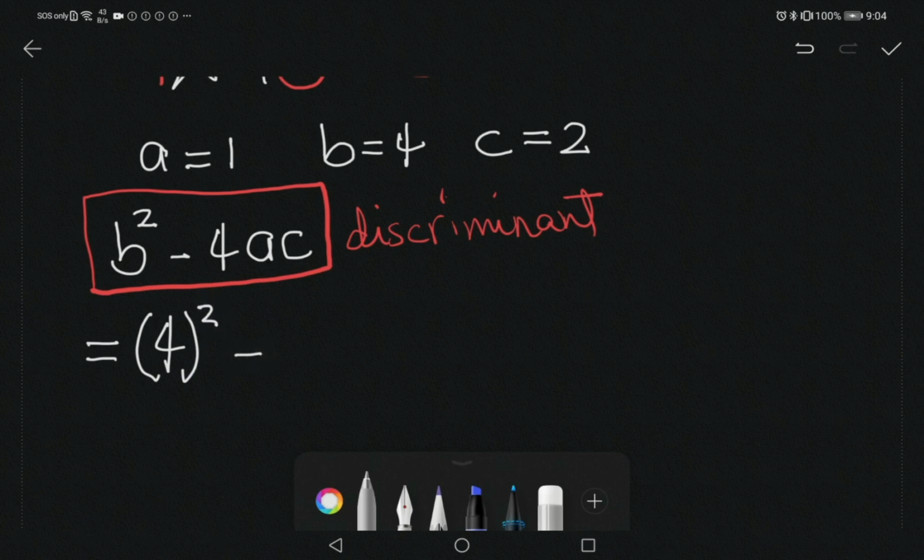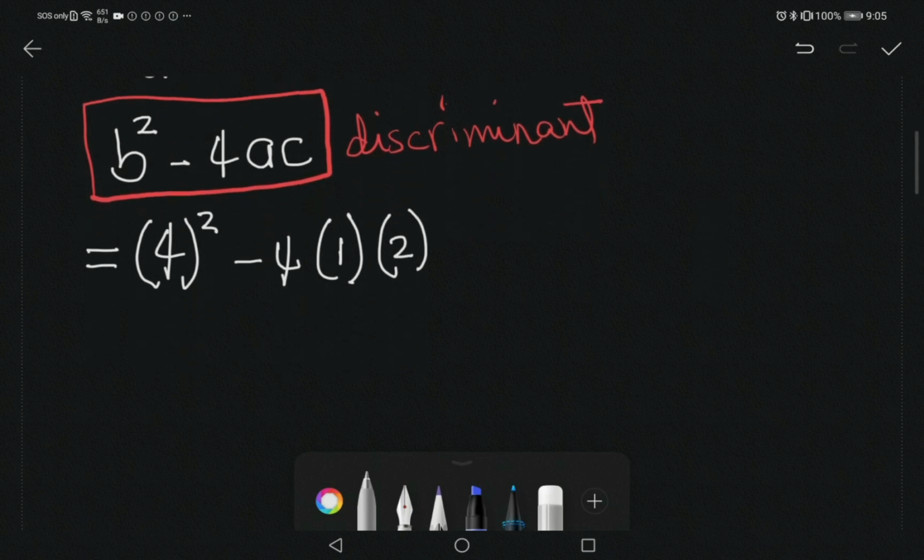Minus, kopyahon ang 4. Nya ang a is 1. Nya ang value sa c is 2. So, ato na siyang i-multiply. 4 squared is 16.